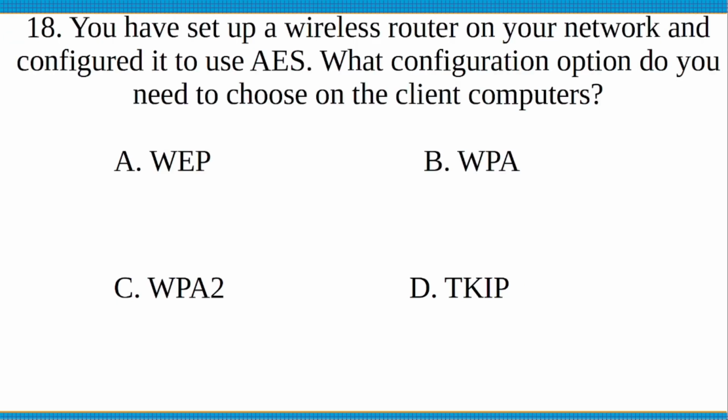Question number 18. You have set up a wireless router on your network and configured it to use AES. What configuration option do you need to choose on the client computers? A. WEP. B. WPA. C. WPA2. D. TKIP.